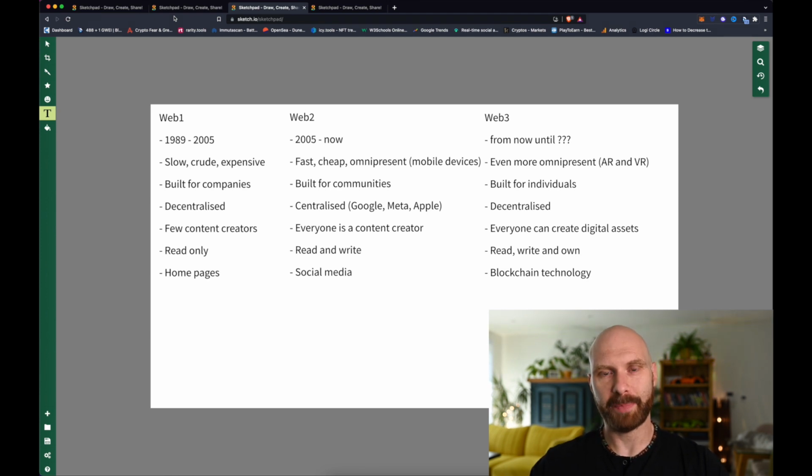But what we can expect from Web 3 is that, first of all, it will be even more omnipresent. So we will see virtual reality and augmented reality added to it. A lot of companies already offer VR headsets. Many companies are working on AR headsets, so augmented reality.